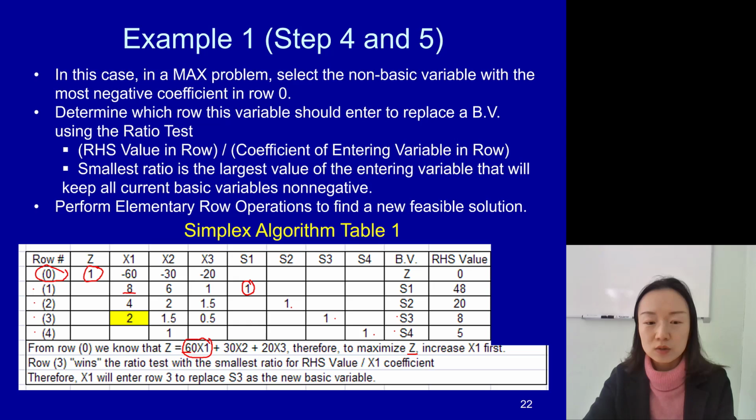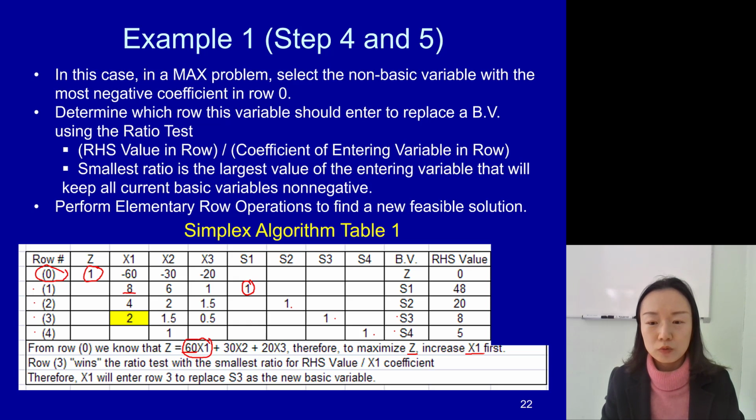By increasing x1, x2, or x3 by the same unit, for example by 1, x1 can increase the objective function value by 60, while x2 can only increase it by 30, and x3 can only increase it by 20.